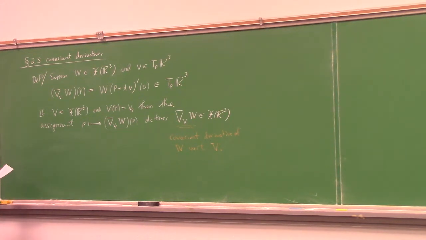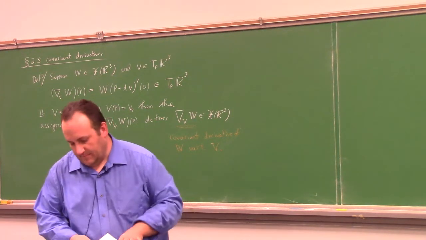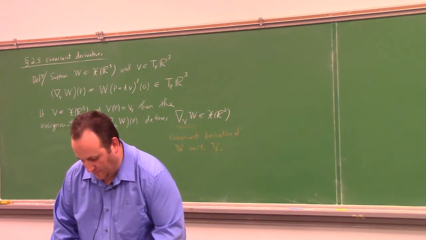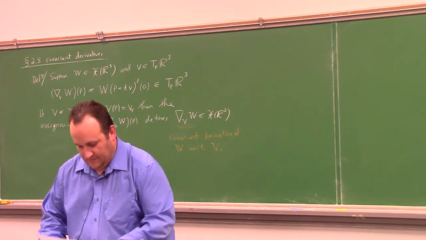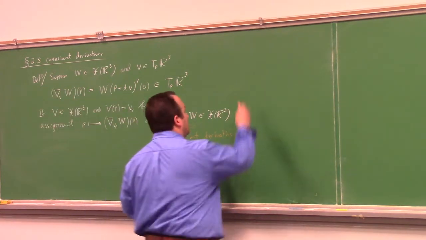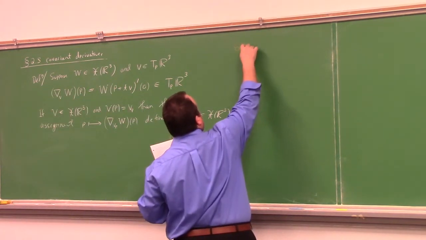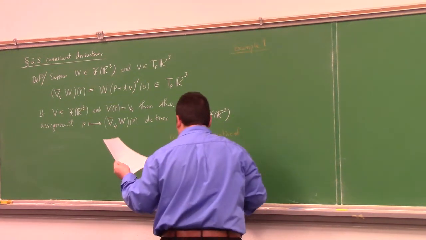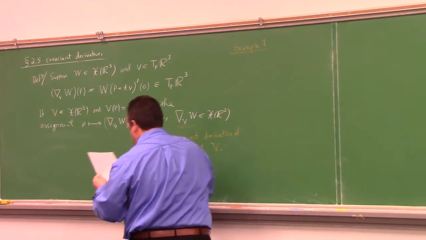Now, I think we should straight away get to, I mean, I have an example where I calculate it. Oh, fine. Let me do my examples. Example 1. What happens if you take the covariant derivative of a constant vector?